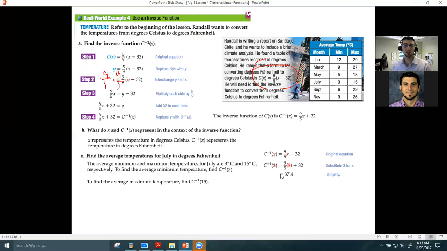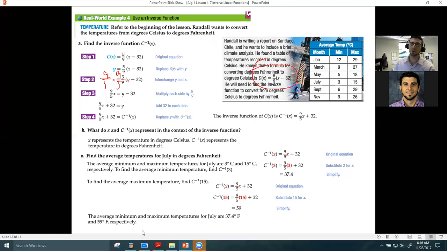So that's the average low temperature for July, 37.4 degrees Fahrenheit. So if I want the average maximum temperature, plug in 15. Simplify, you get 59. So the average minimum and maximum temperatures for July are 37.4 degrees Fahrenheit and 59 degrees Fahrenheit, respectively. Pretty cool, huh?